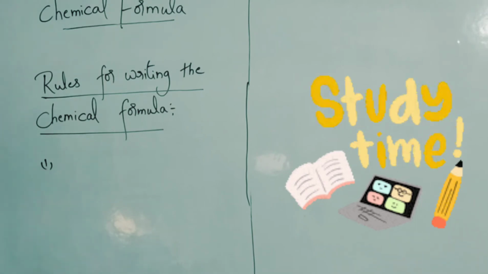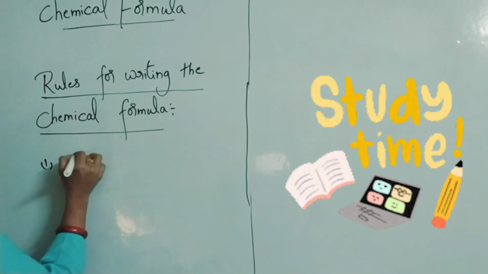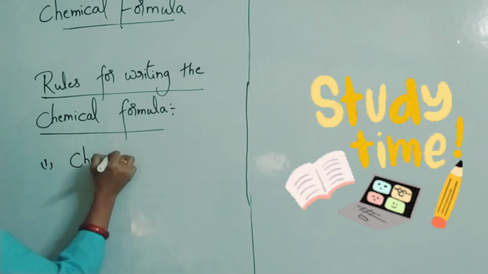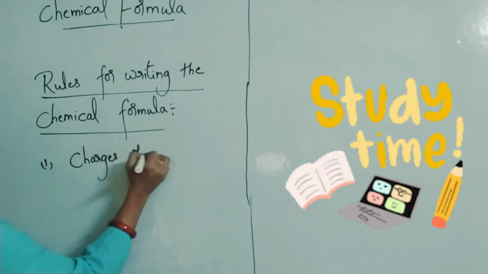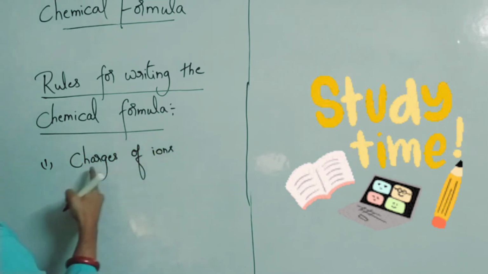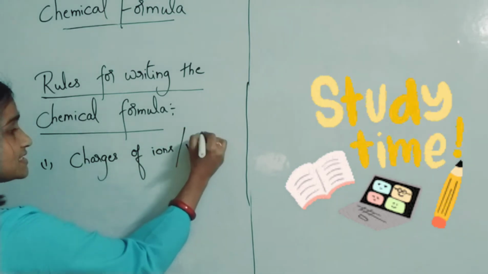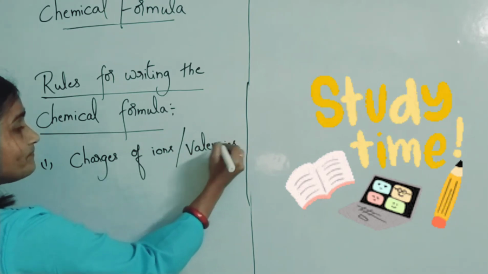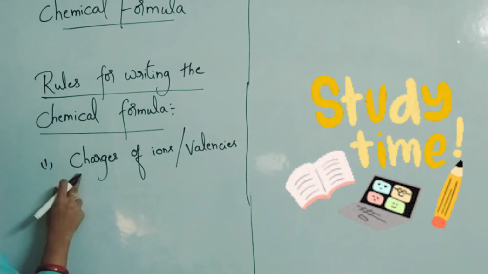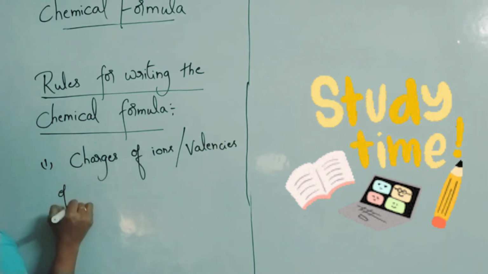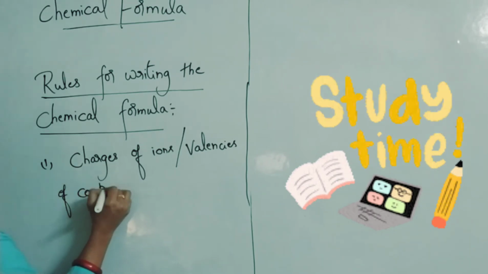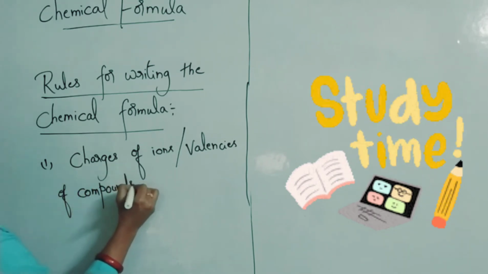So what is rule 1? Charges of ions, if it is an ion, or if it is a compound, valencies have to be balanced.